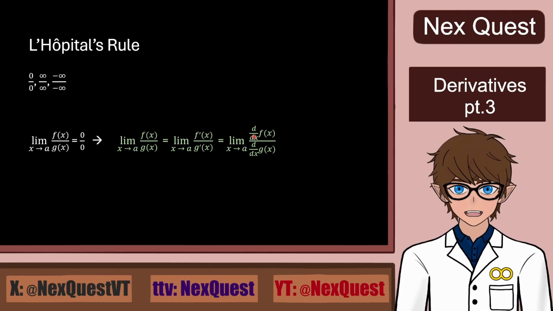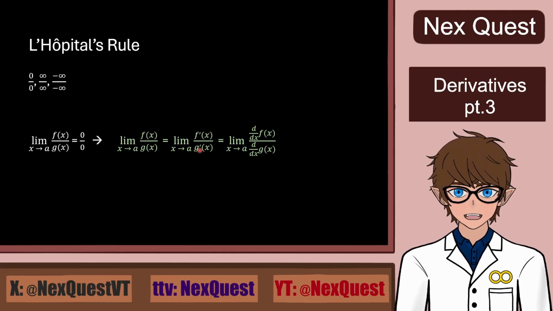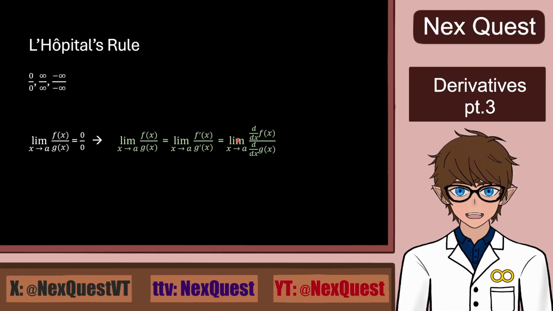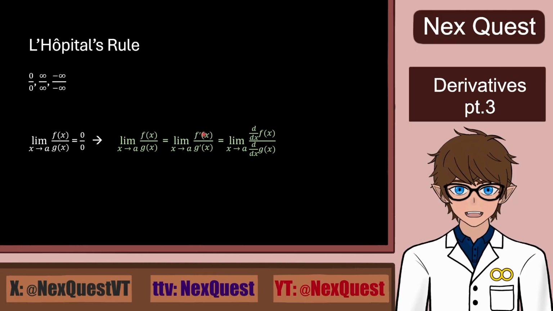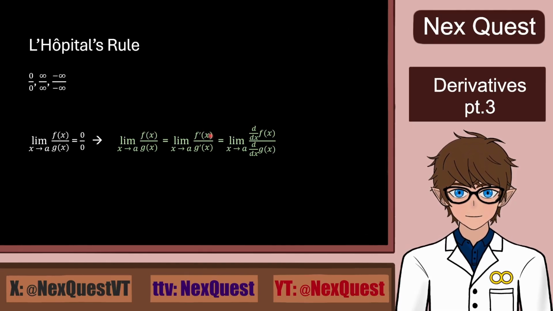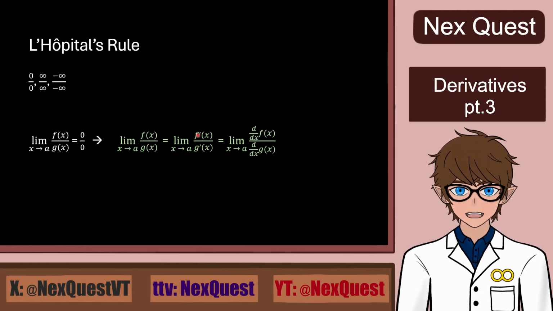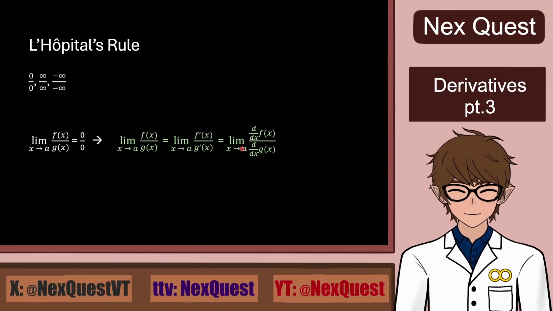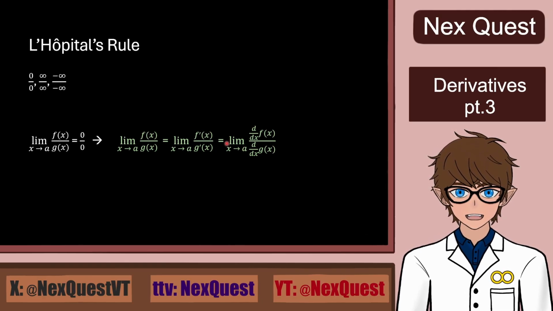I wrote the derivative in 2 ways because I don't know how clear this prime marking is, because there are tiny lines and sometimes it's hard to see. So I added d over dx to make sure that you can see the point.